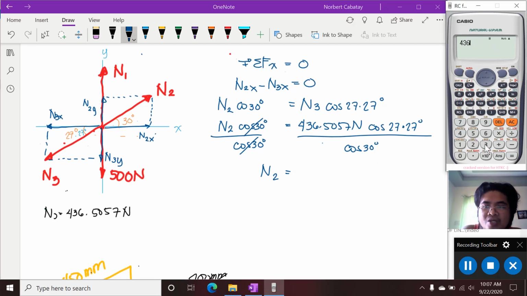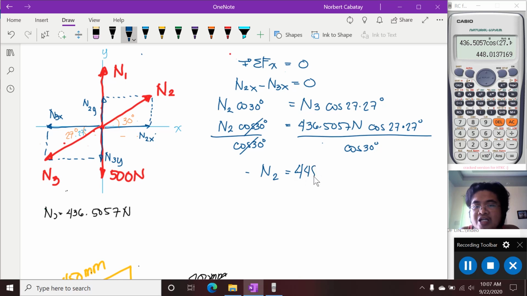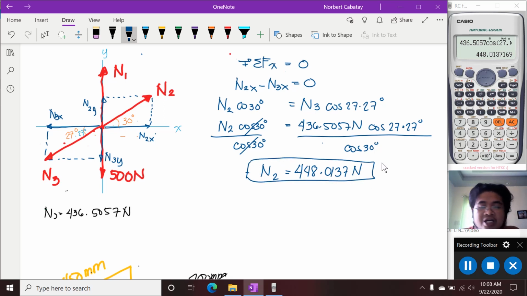Pwede nyo pindutin sa calculator ng dire-diretso. Cosine 27.27 divide cosine 30 equals. So, yan. Meron ka nang N2. So, you have 448.0137 newtons.